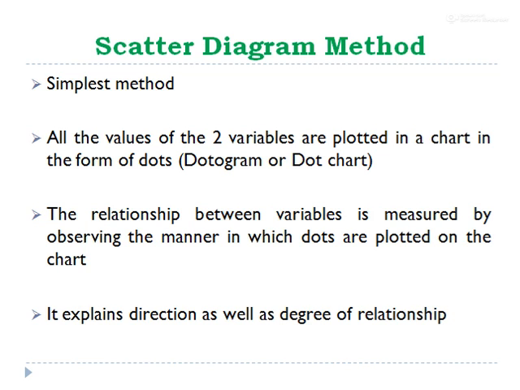Since we show dots in the scatter diagram, it is also called dotogram or dot chart. The relationship between the variables is measured by observing the manner in which dots are plotted. It explains both the direction and degree of relationship. Let us see how to interpret the relationship between variables with the help of scatter diagram.